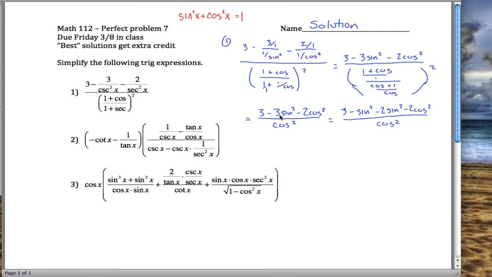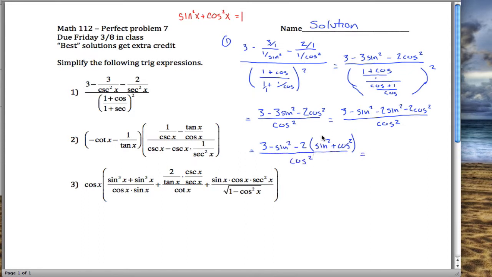So all I did there is I had negative 3 sine squared. I wrote that as negative sine squared minus 2 sine squared. Minus 1 of them minus 2 more of them is minus 3 of them. But the advantage of doing that is I can then write 3 minus sine squared minus 2 of these sine squared plus cosine squared things divided by cosine squared.